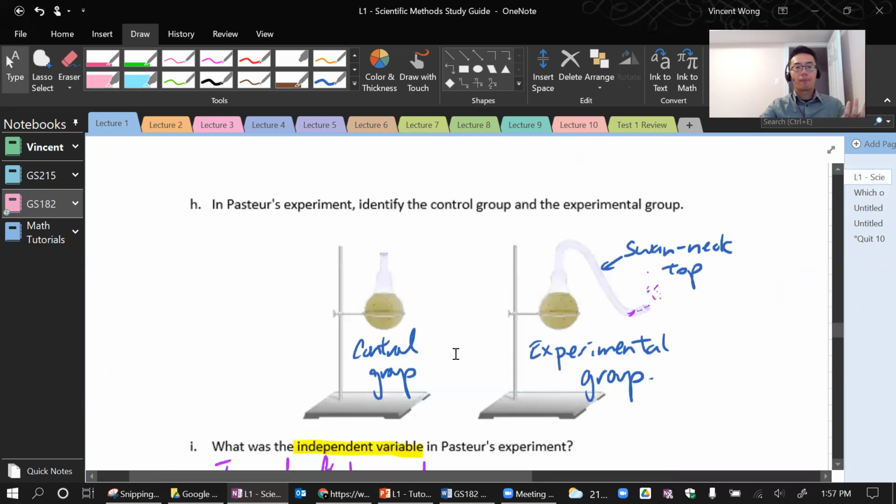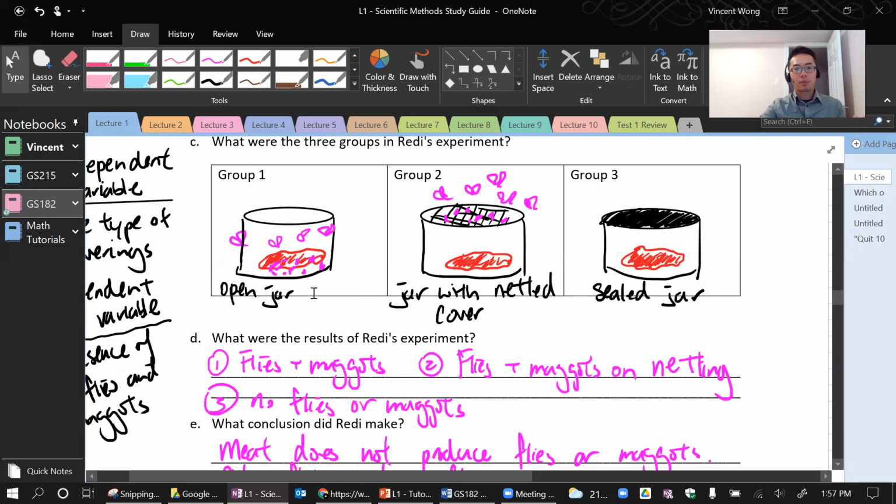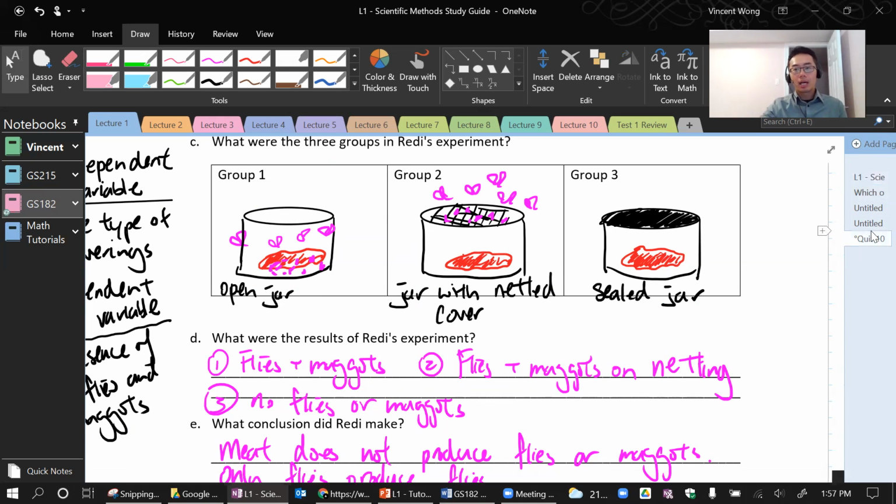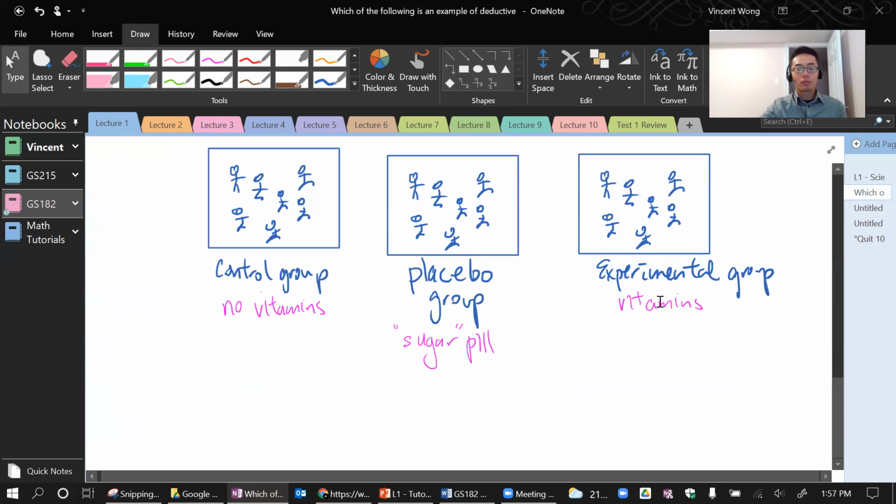Now with the Rady experiment, it was easy to control. He could choose what meat to use, and as long as he's using the same pieces of meat for all 3, it is okay. He can choose the size of the meat, has to be bought on the same day, for example. Size of the jar, all those things he could control. But it's a little bit more complicated when we are dealing with humans.